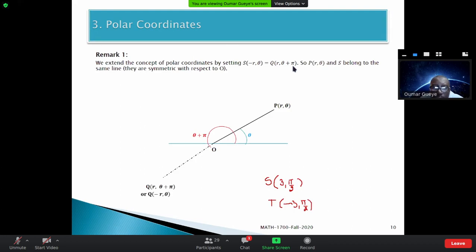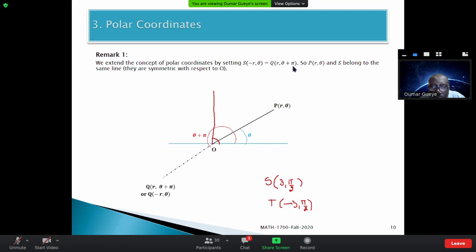So if I want to locate the point S, first you have to find pi over 2. Where is it? Pi over 2 radians is equal to 90 degrees. It means you have to find an angle equal to 90 degrees, a right angle from this line. And a right angle is going to be, for example, here from O, and this angle here is pi over 2. So knowing the angle, you have to use the radius r.